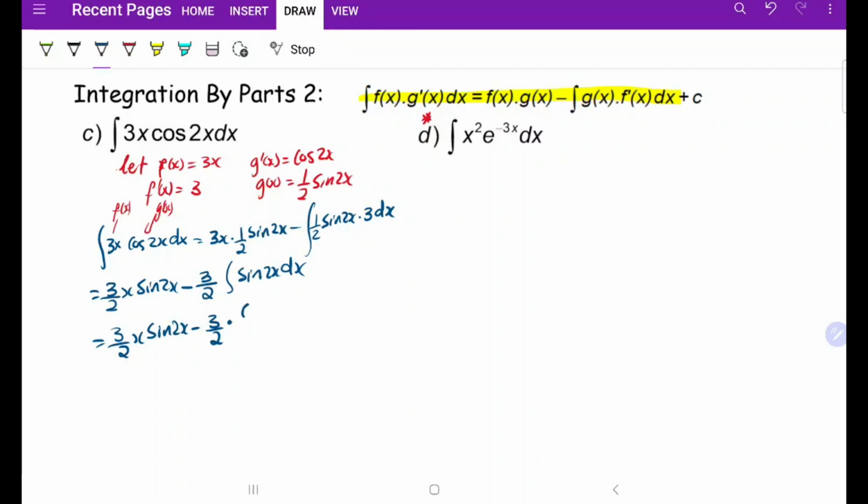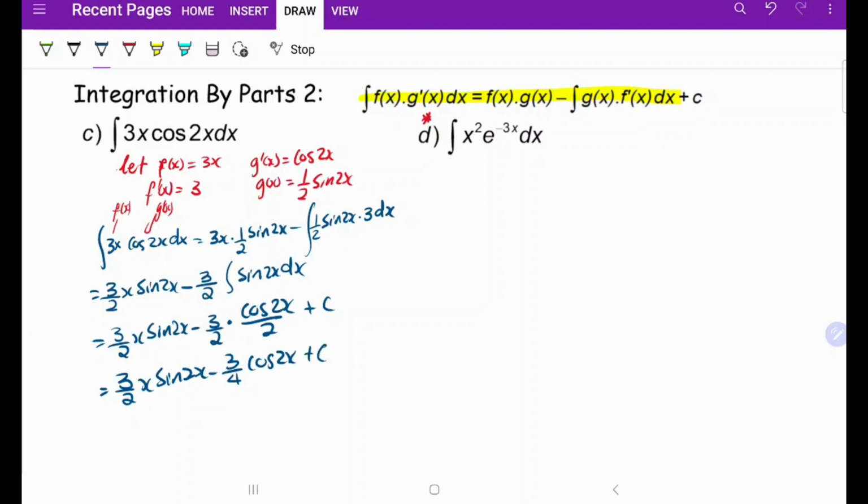The integral of this will just become negative cos of 2x over 2 plus our constant of integration, and therefore simplifying this gives us 3 over 2 x sine of 2x plus 3 over 4 the cos of 2x.